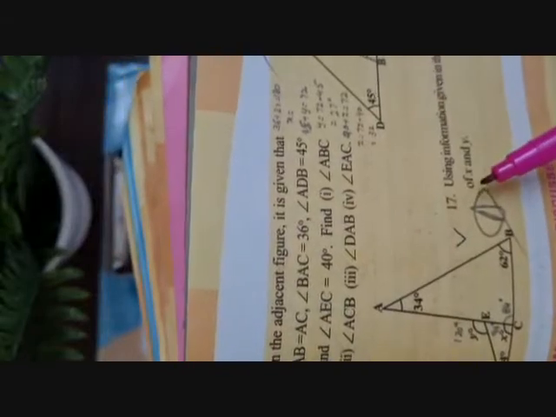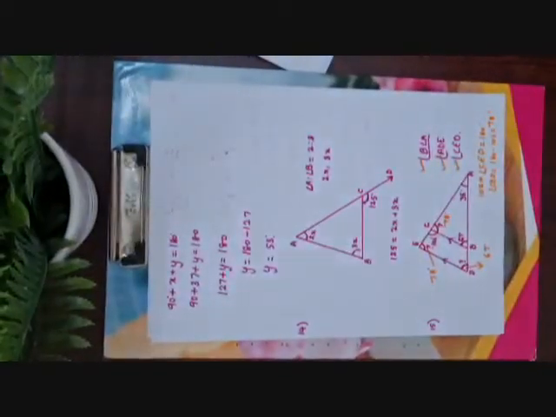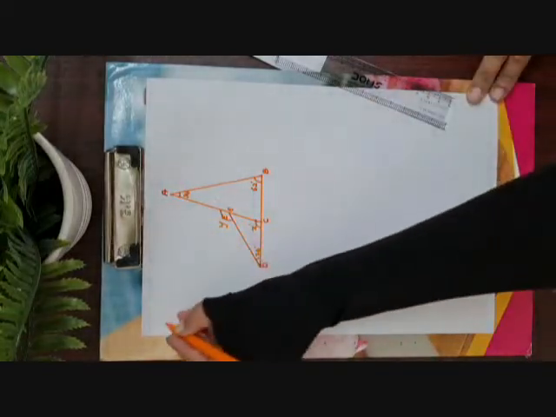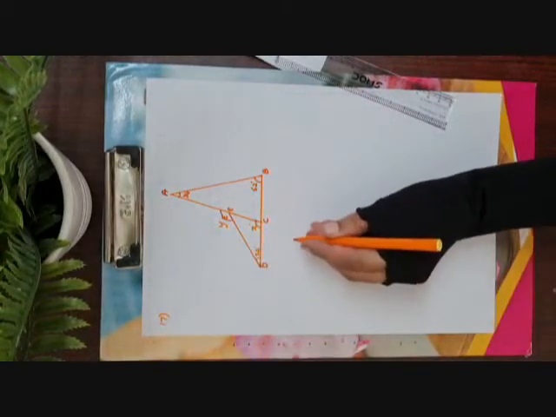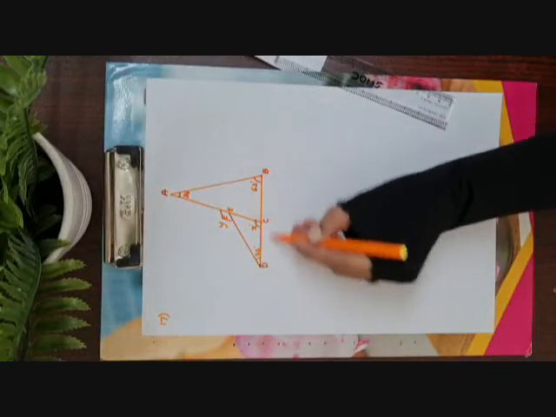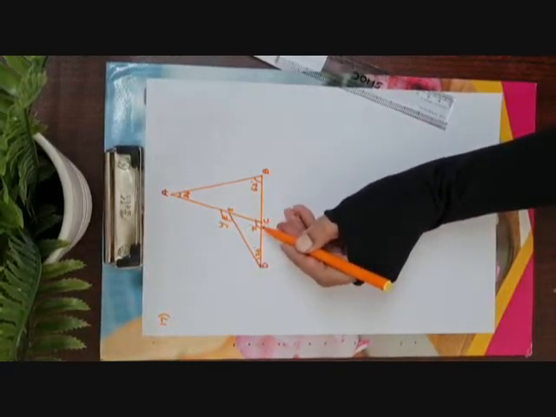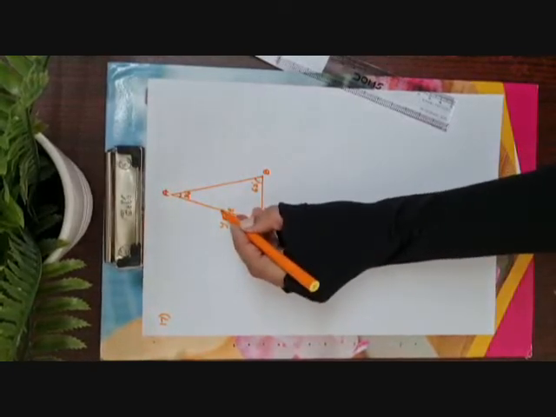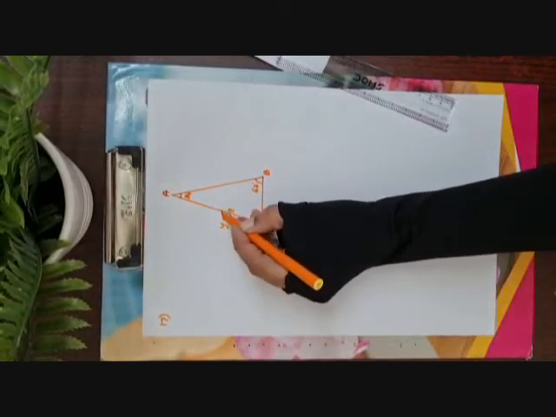Okay, now let's move on to the last question, the 17th one. Using the information given in the figure, calculate the value of x and y. Now what is given to us? We have triangle ABC and triangle CDE. We have to find the value of x and y. We can say that this angle is an exterior angle.